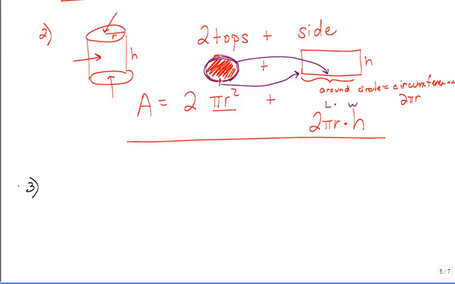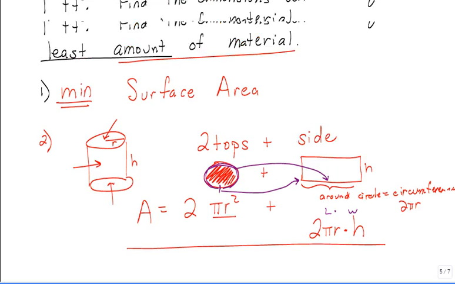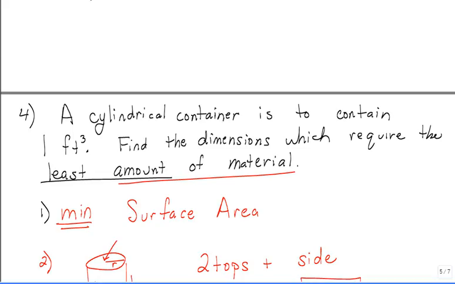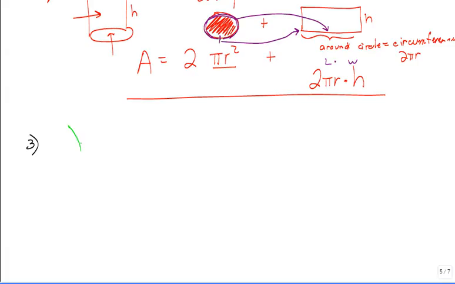Okay, let's find another equation that I can substitute in. Come up here. And it's right here. A cylindrical container is to contain 1 cubic feet. That cubic feet measures volume. So there it is, right there. That's telling us that our volume equals 1. What's the volume of a cylinder? Pi r squared h. You can look these up. And I know that equals 1. So I have h equals 1 over pi r squared.